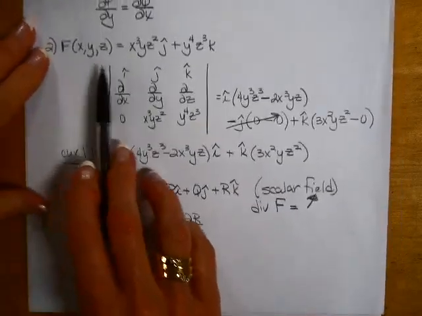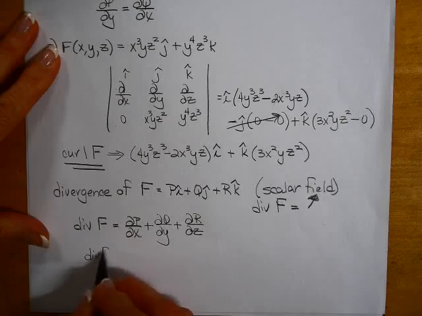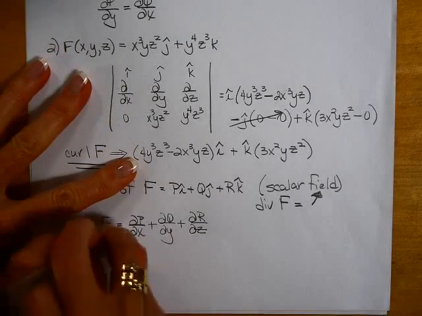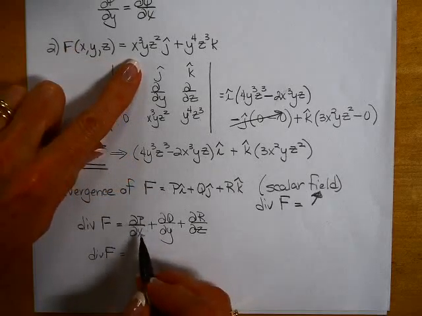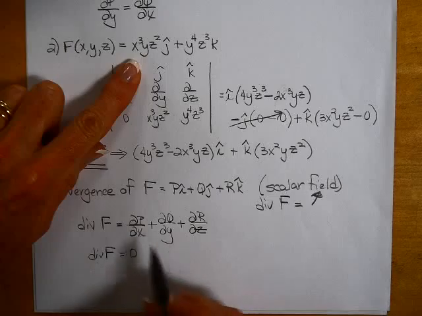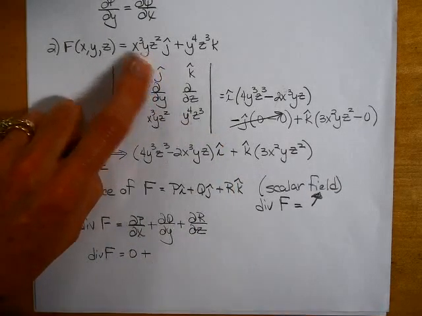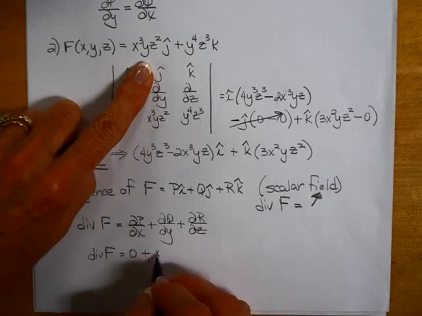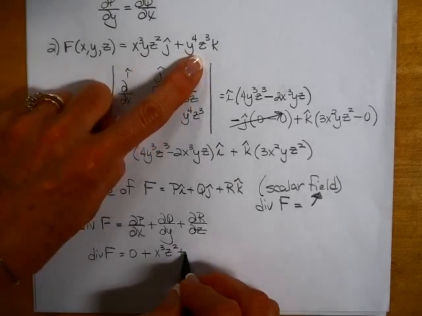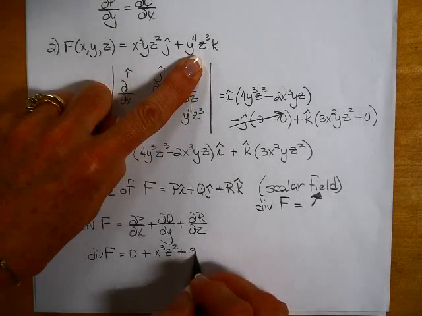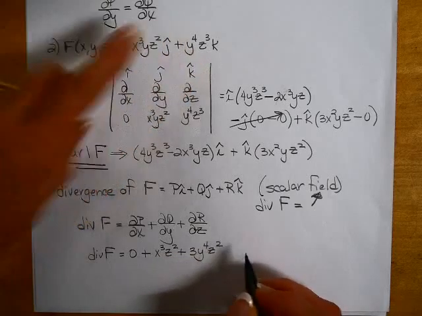Now I can go back to the same problem up here and find the divergence of this same problem. So the divergence of the vector field, the partial of p with respect to x is 0 because there is no p term, plus the partial of, this is my q, with respect to y, that's x to the third z squared, plus the partial of this one with respect to z, which would be 3 y to the fourth z squared.